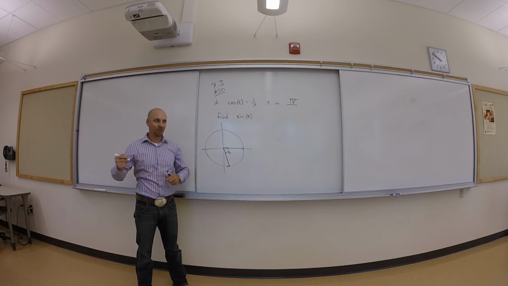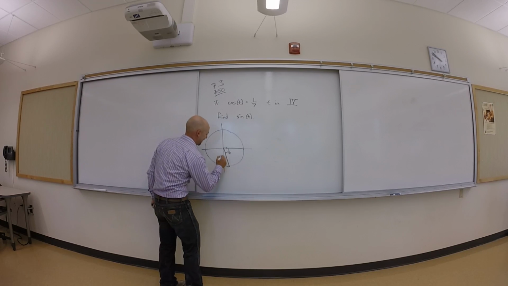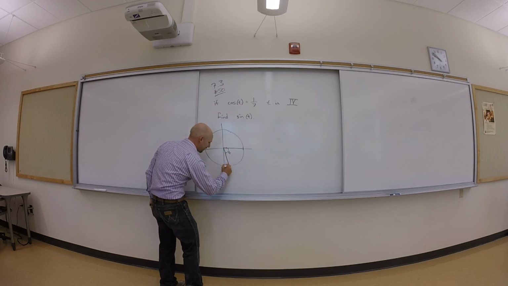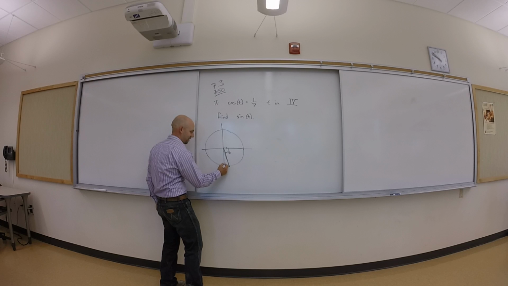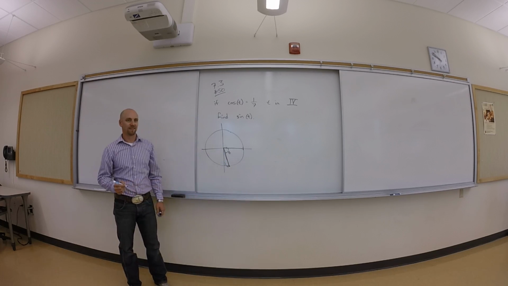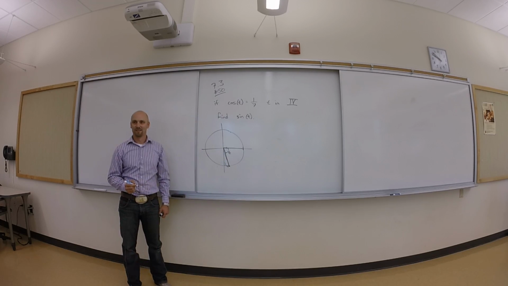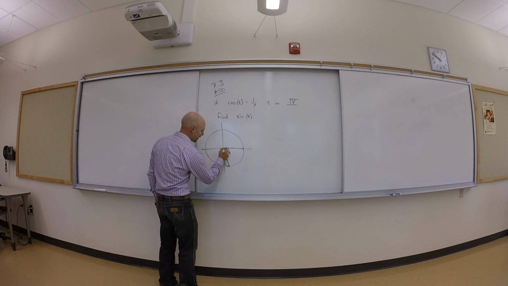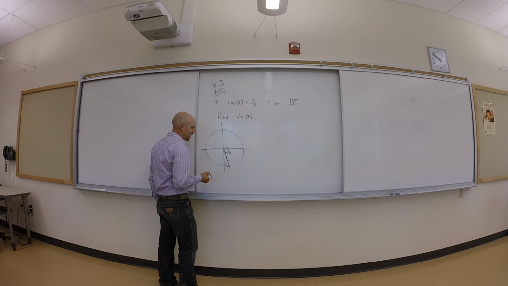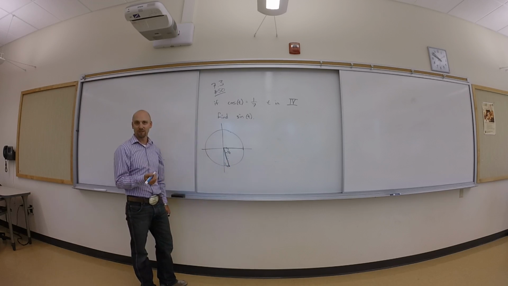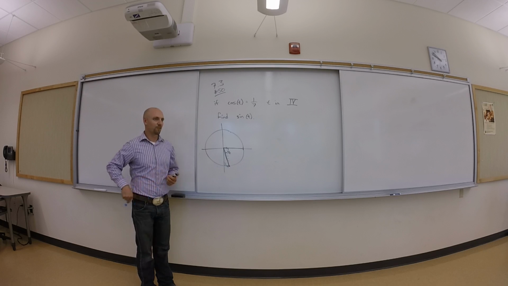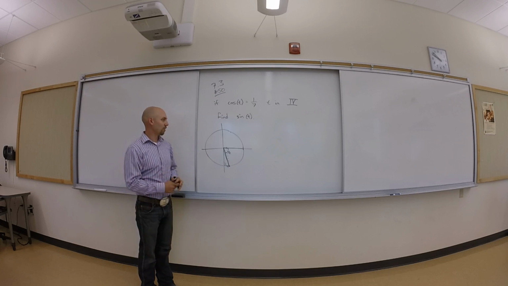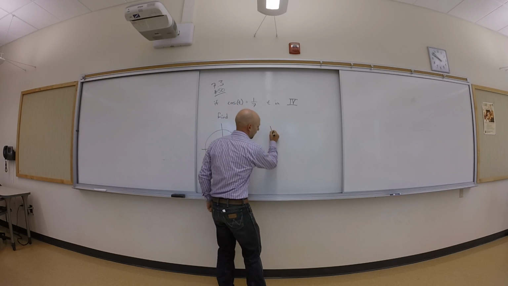Maybe try to find a triangle. My claim is that there's an interesting triangle right here. It's possible that you might see that up here. Does it matter whether I see the dotted triangle or the solid triangle? They're the same triangle, so pick one, pull it out, and look at it.